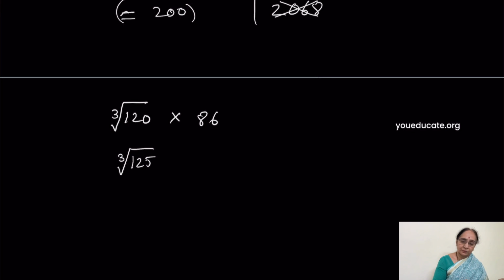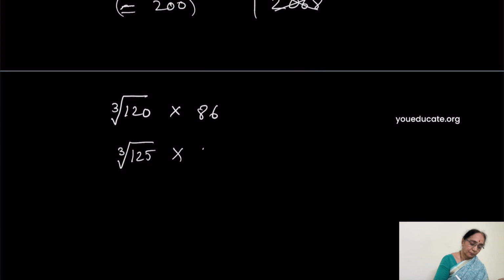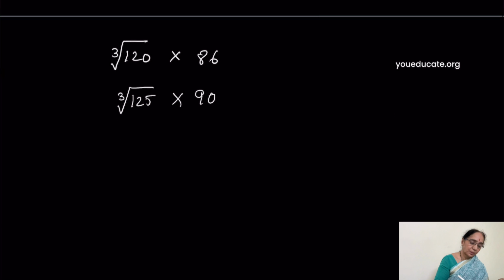It's not far off, it's just 5 more. So cube root of 125, and 86 is close to 90. Now what is cube root of 125? 5. And 5 times 90 gives me the estimate 450. This is my estimate of the answer.